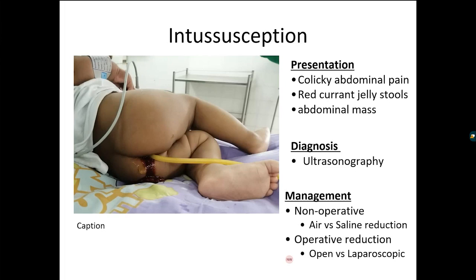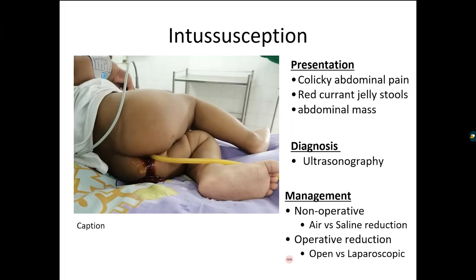So if you have a patient with intussusception, again, the management involves the general principles of intestinal obstruction, meaning nil by mouth, NG tube, IV fluids, IV antibiotics. In addition to that, the definitive treatment of intussusception is usually non-operative, which can be either performed by an air reduction technique or a saline reduction technique.